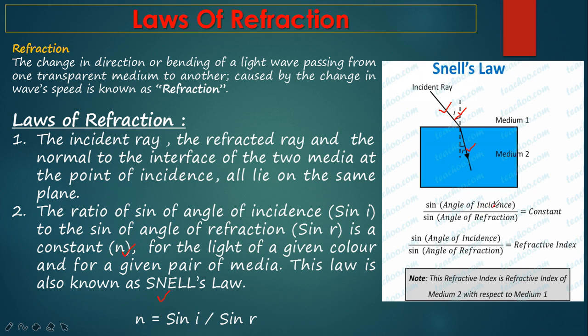So Snell's law says that the ratio of the sine of angle of incidence to the sine of angle of refraction is a constant, and this constant is also known as the refractive index of the second medium, in which the light gets refracted, with respect to the first medium, in which the light is incident. I hope that you are able to comprehend this. So let us go forward.